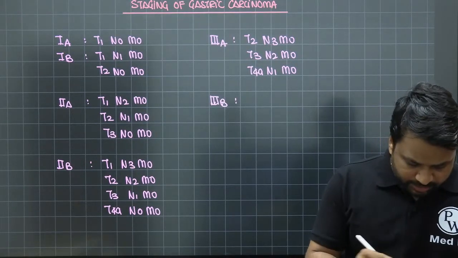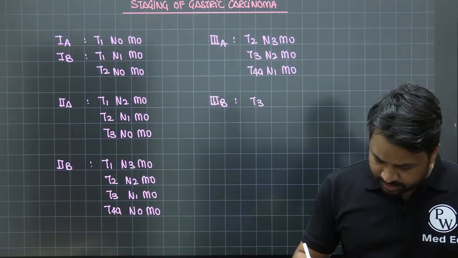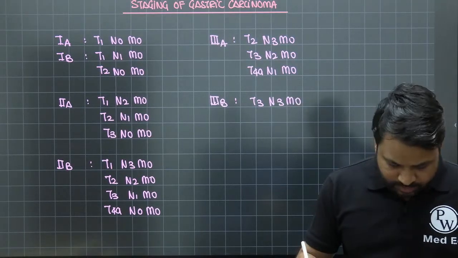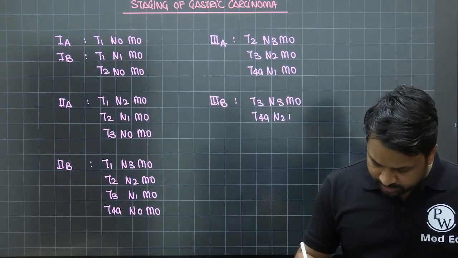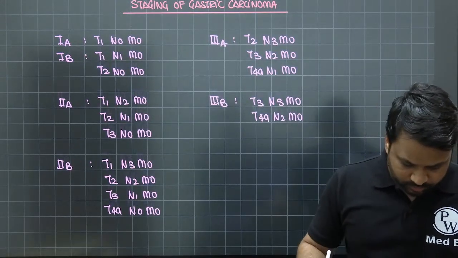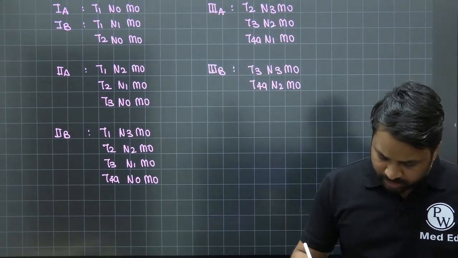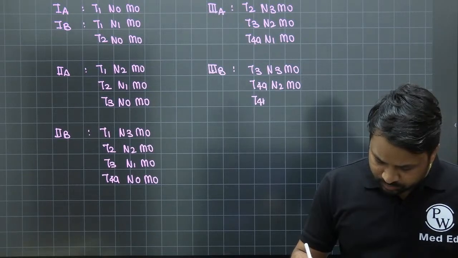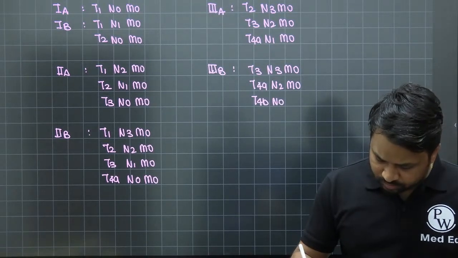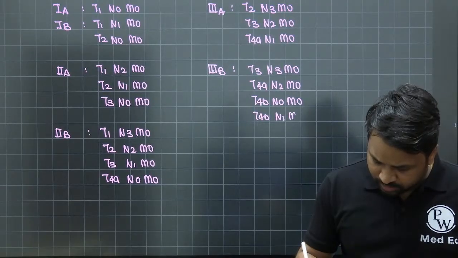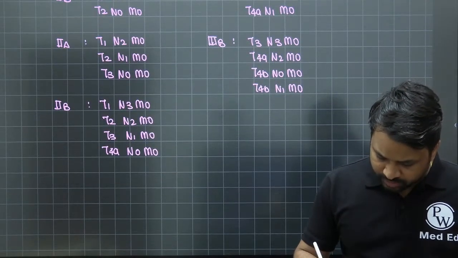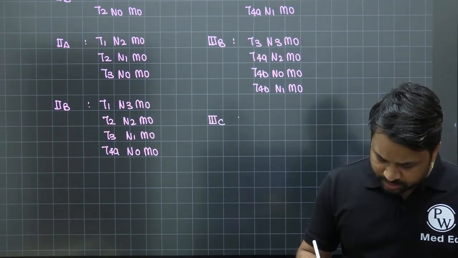Stage 3B that you have is T3 N3 M0, T4A N2 M0, T4B N0 M0, T4B N1. That is your stage 3B.